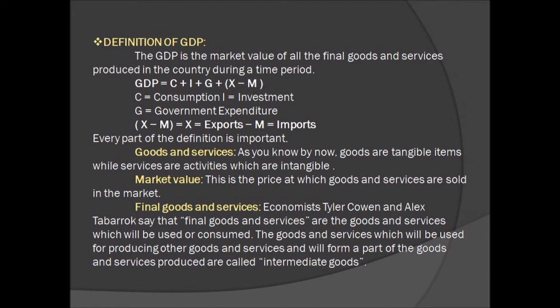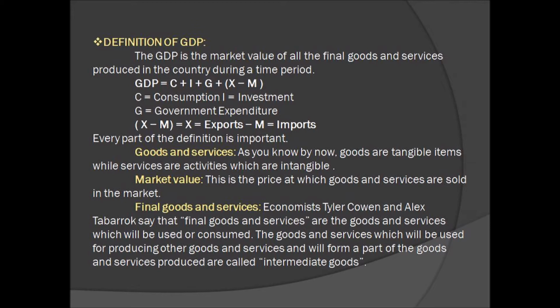And final goods and services. Economists say that final goods and services are the goods and services which will be used or consumed. That is, the final goods and services are the ones which will be used by the final consumer or the customer.